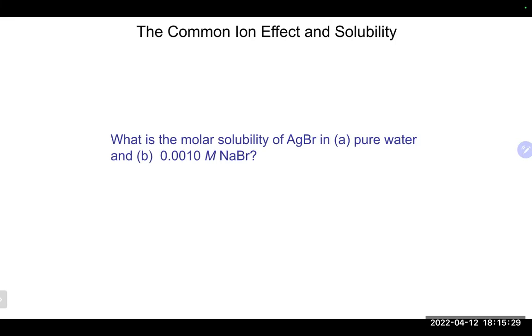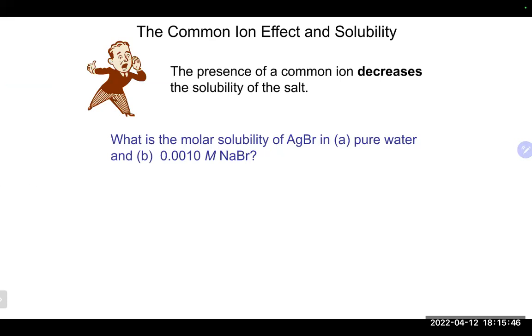But there are a lot of things that do affect solubility. We're going to talk about a few things that can affect whether or not you actually see the solid being formed. One thing we're going to look at is the common ion effect in solubility.